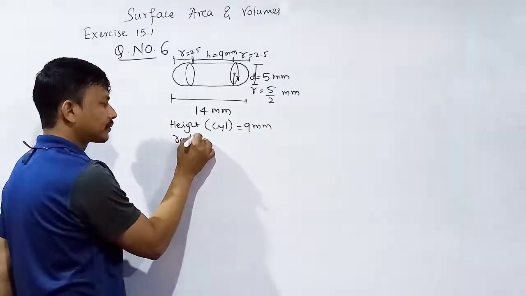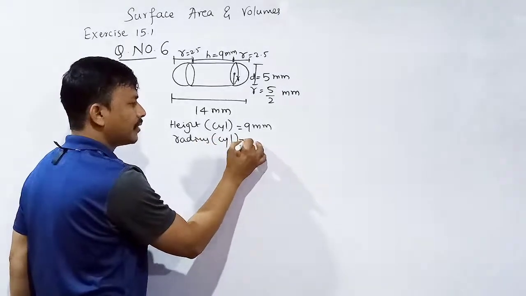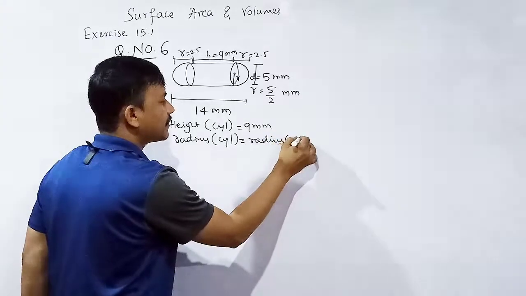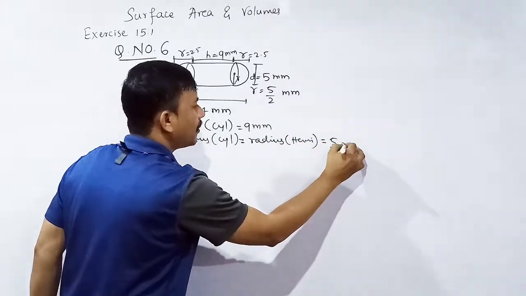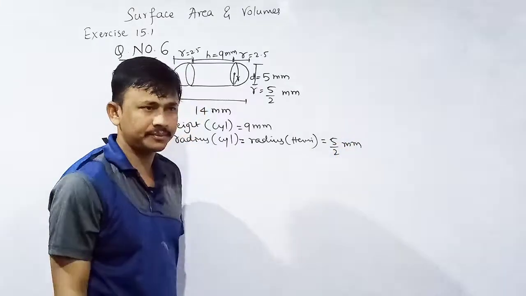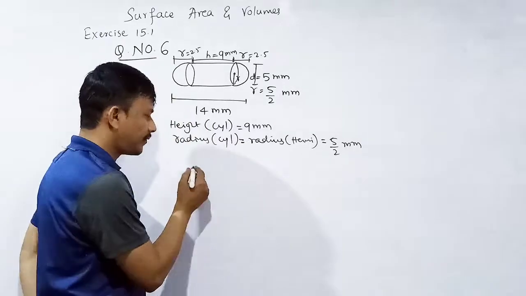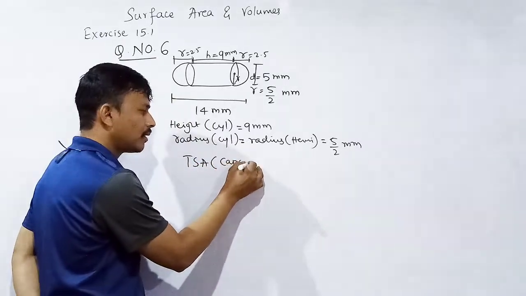Radius of cylinder is equal to radius of hemispherical part is equal to 5 divided by 2 millimeter. Correct? We need to find out total surface area of capsule.